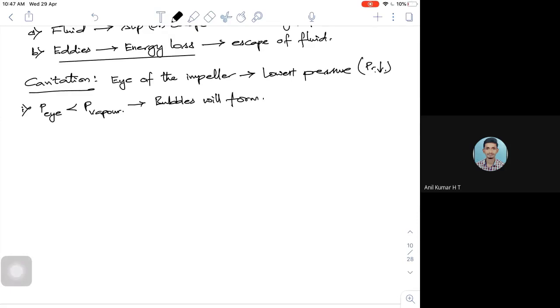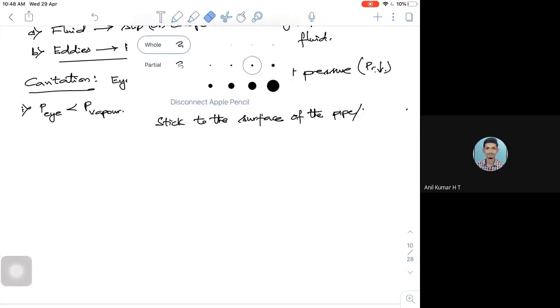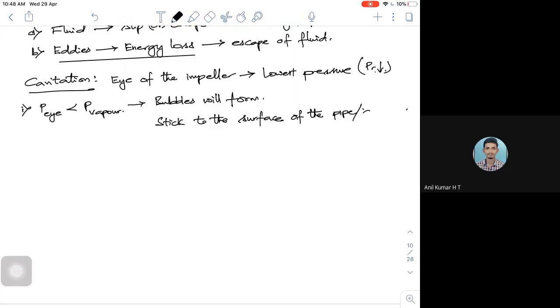Once the bubbles are formed, they will stick to the surface, maybe of the pipe, impeller vane, or casing surface, whatever it may be.